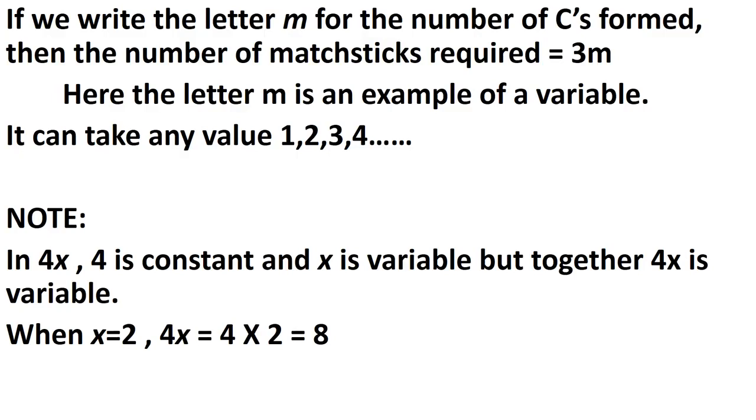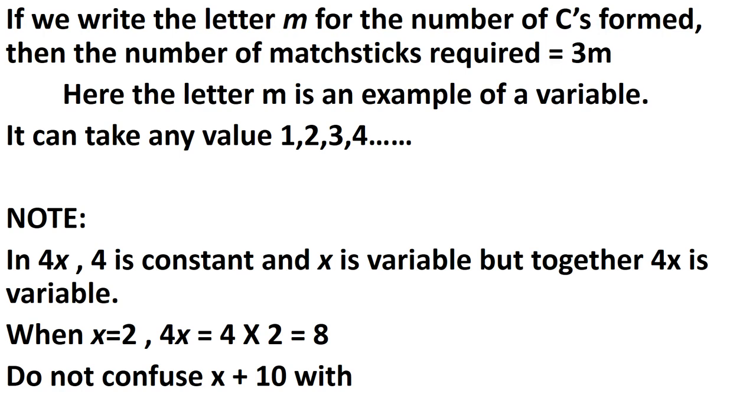Don't write it as 42. 4x is 4 multiplied by x. Now whatever the value of x is, you can put it there. Do not confuse x plus 10 with 10x. They both are different. x plus 10 means we are adding, and 10x means 10 multiplied by x. They are not the same.